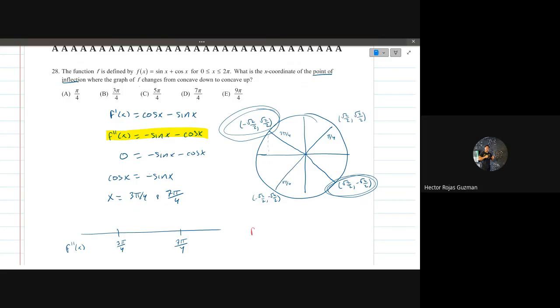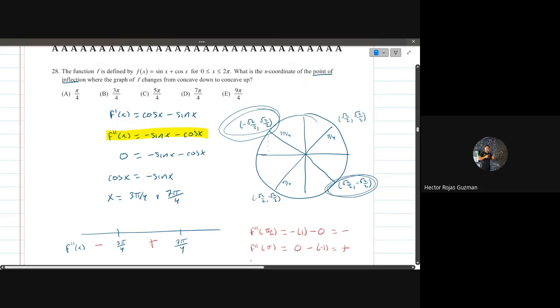So if I do f double prime of, I don't know, say something easy like pi over 2. So I get negative sine of pi over 2 minus cosine of pi over 2, which is negative 1. Now something after that. Let's try pi. Negative sine of pi is 0. Cosine of pi is negative 1. That's a positive.